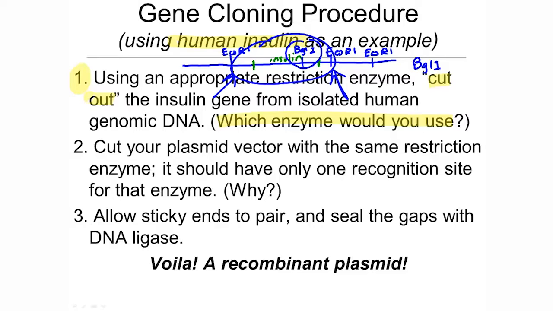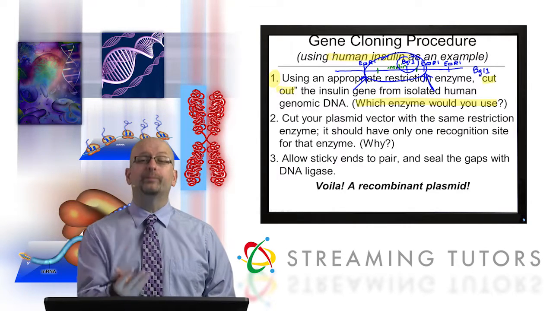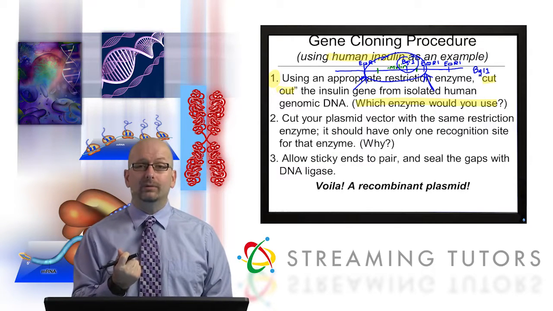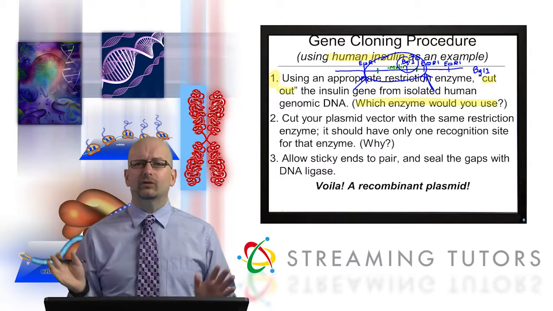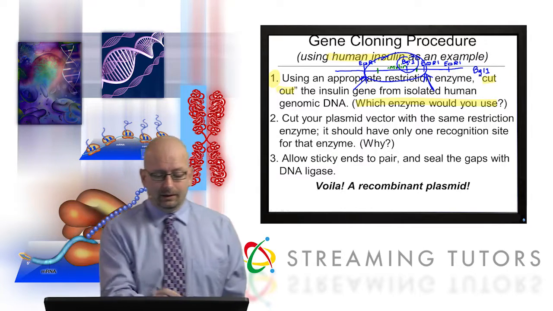Just remember, we're taking this, what might be, I don't know, several thousand base pairs, out of the 3 billion to put it in a safe place. So you need to select an enzyme very carefully if you don't want to waste your time and money in doing this. But I hope you can see that in this scenario, if you used EcoR1, you'd be able to pop out the human insulin gene. A lot of other stuff might be going on too, but we don't care.